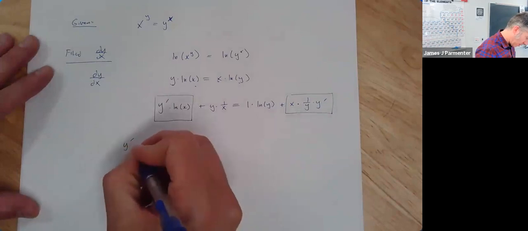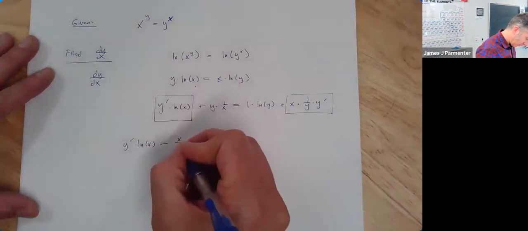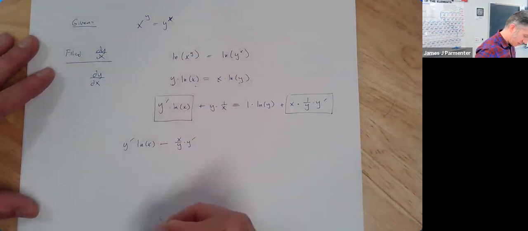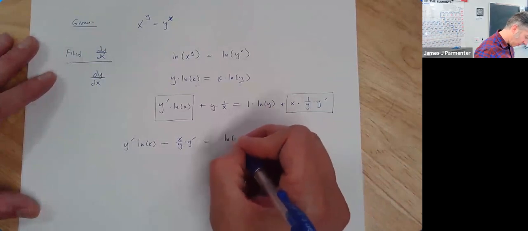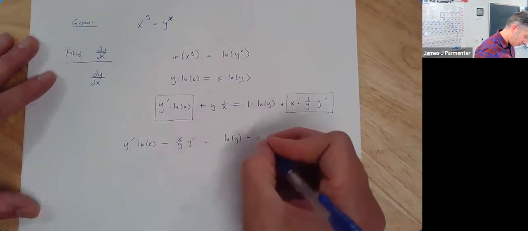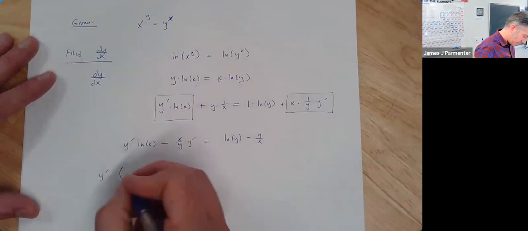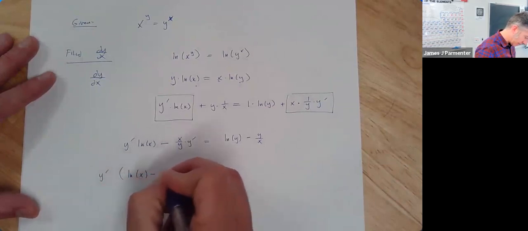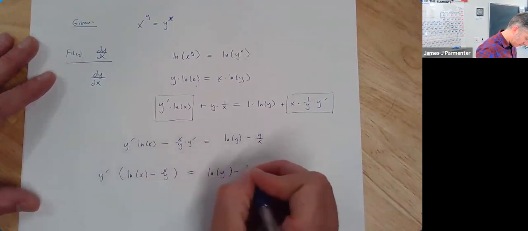So I have y prime times natural log of x minus x over y times y prime equal to, bring everything else to the right, the natural log of y minus y over x. Factor out y prime. You're left with the natural log of x minus x over y, still equal to the same thing on the right.